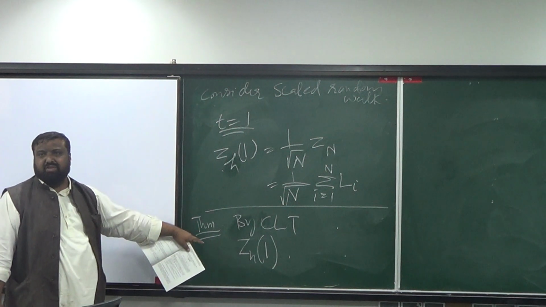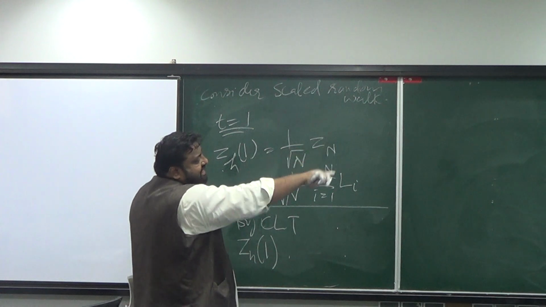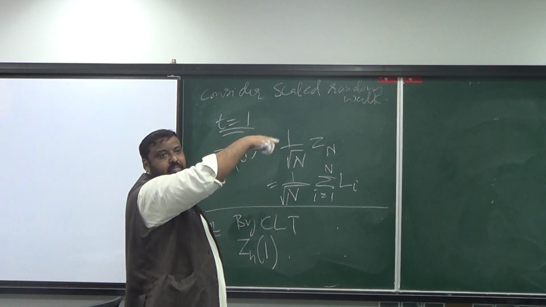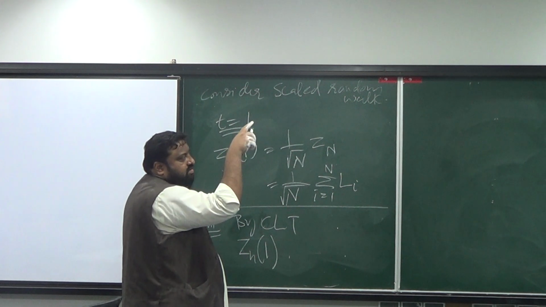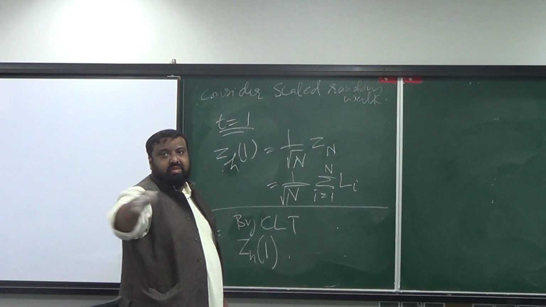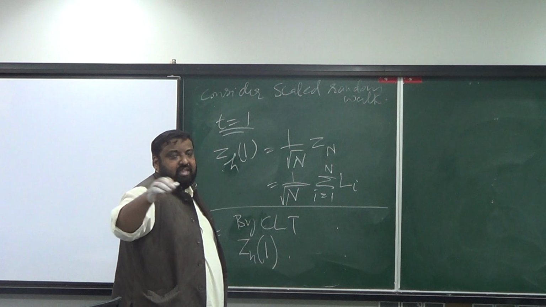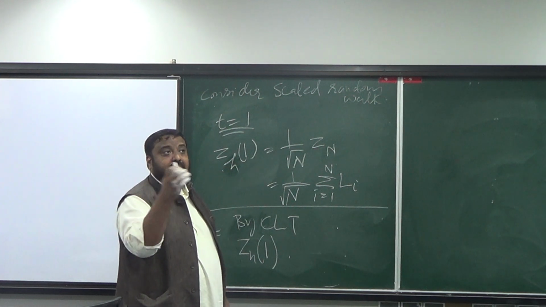This would still be true because Zh is written in terms of Zn. You have to scale h appropriately, and I know that Zn is the sum of IIDs. Then square root of h Zn is also a sum of IIDs, but the means are different.